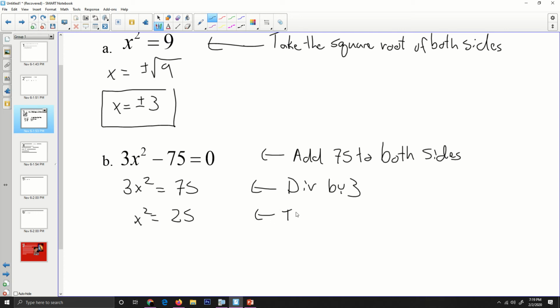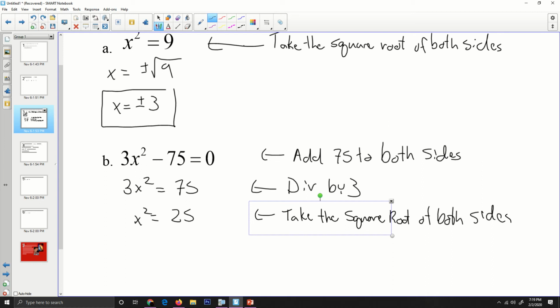And take the square root. Since I'm taking the square root, I'll get x equals plus or minus the square root of 25. And since 25 is a perfect square, my final answer is x equals plus or minus 5.